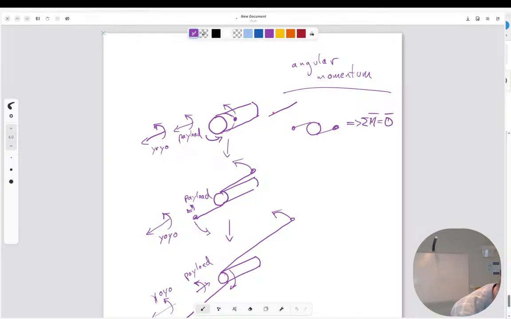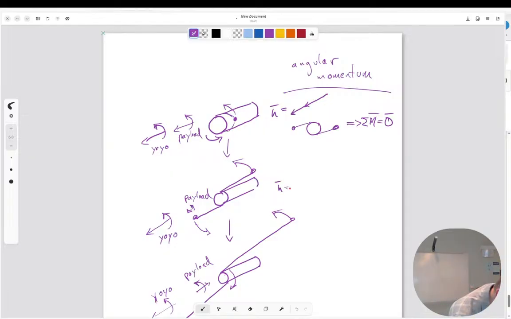So initially we have H. Initially, our yo-yos don't have a lot of momentum, but our payload does.